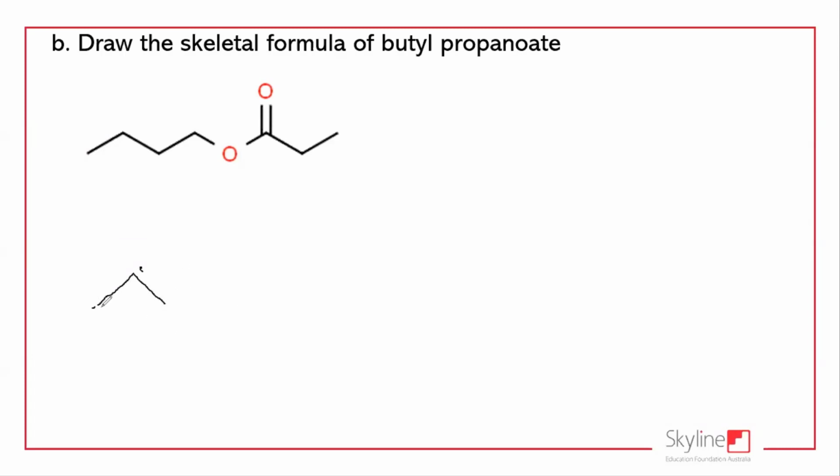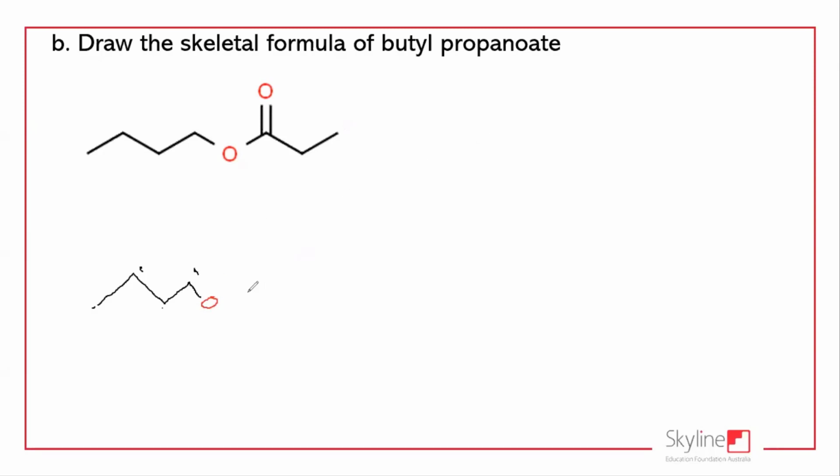So for butyl propanoate, we need 4 carbons. So 1, 2, 3 is our third, and then, sorry, my bad, this here is our 4th carbon. But to join on to an oxygen, we have to write in the oxygen. So we make sure that point represents a carbon, and then instead of continuing all the way, we just draw in an oxygen.